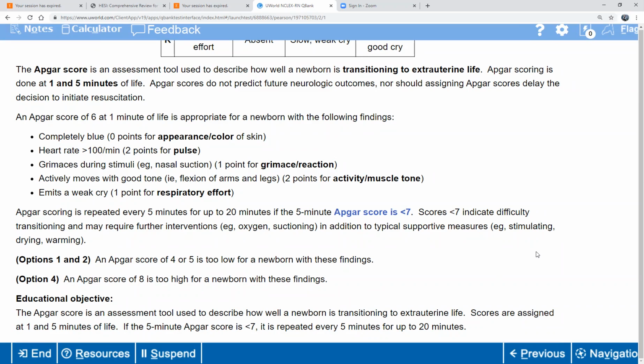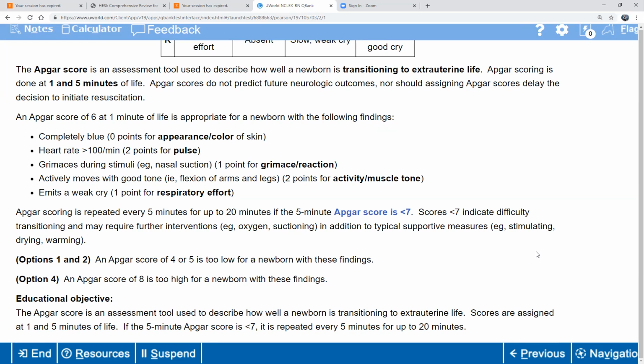So UWorld says greater than 100, you get 2 points. Some books say greater than 110. So I would look in your author and see, because if they test you on the Apgar score, they might test you by your chart in the book.